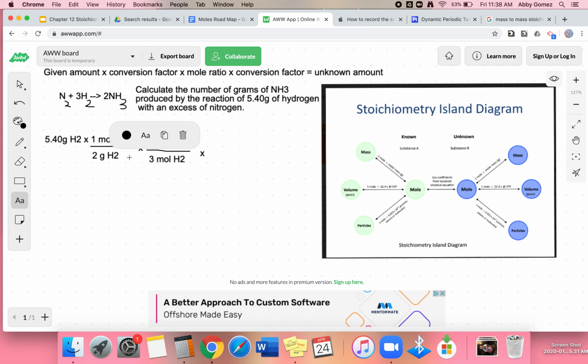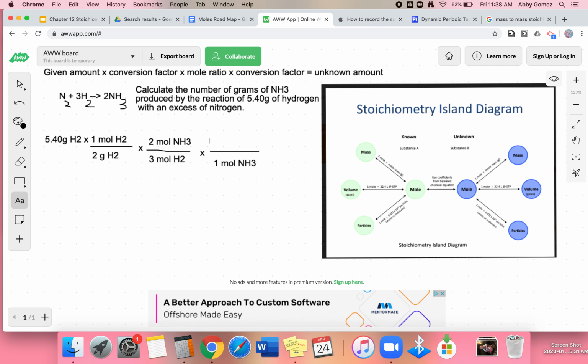So times, and our last conversion factor is moles to molar mass. So if we look here, we have moles of ammonia on the top here. So we're going to want moles of ammonia on the bottom. So we're going to put 1 mole of ammonia because we're converting moles to mass. So it's always with 1 mole. We always compare it to 1 mole. 1 mole of ammonia.